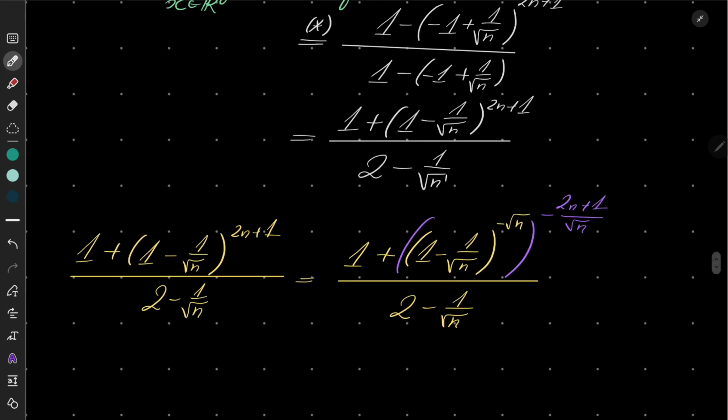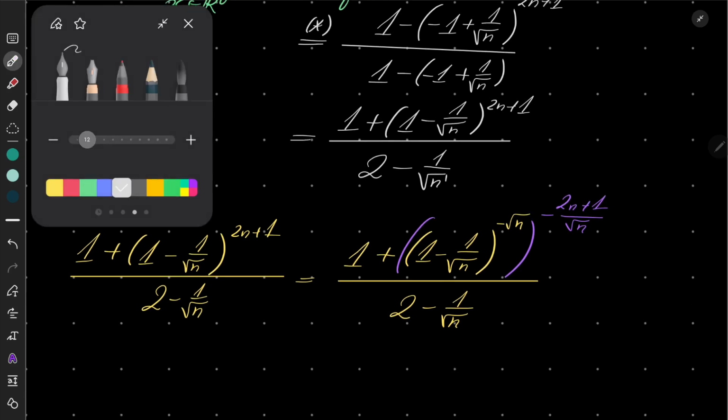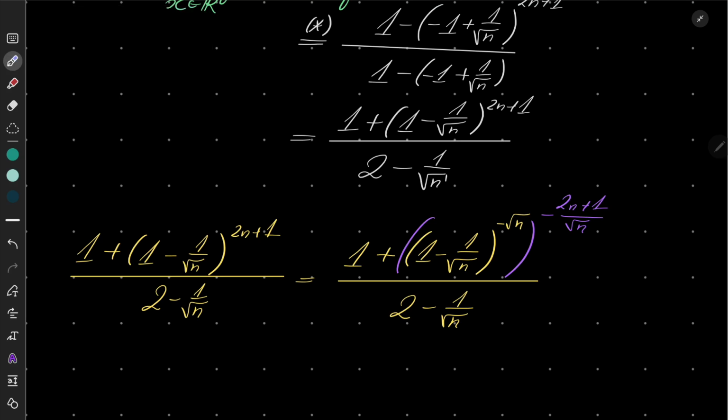Okay, and now, by the well-known theorem about convergence to the number e, this part in violet parentheses, this entire thing, goes to e.